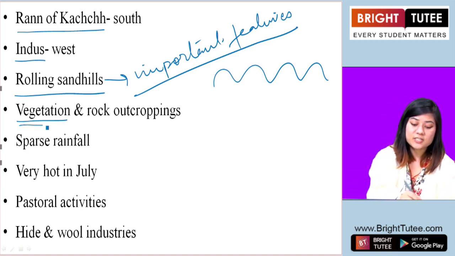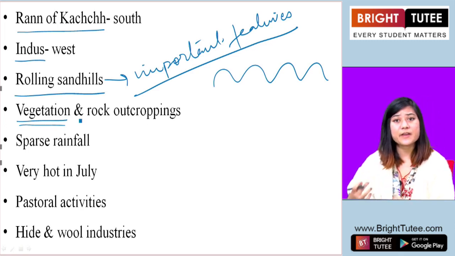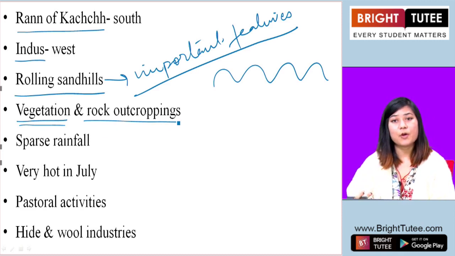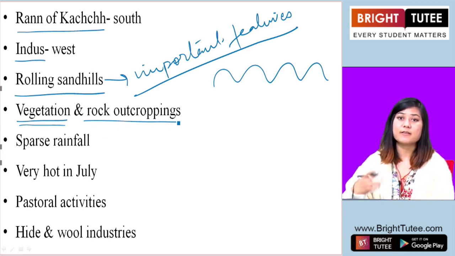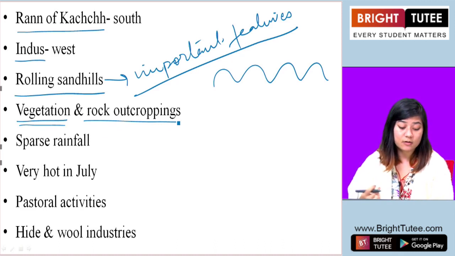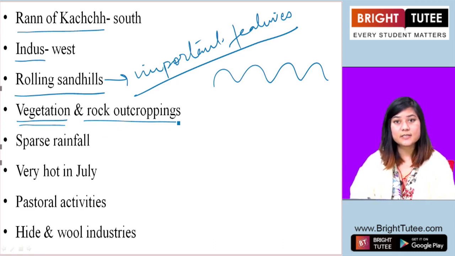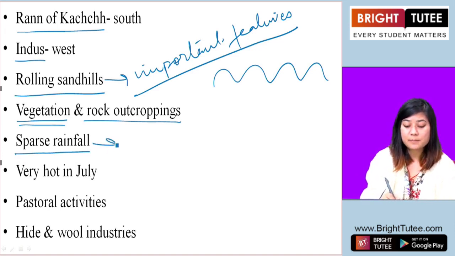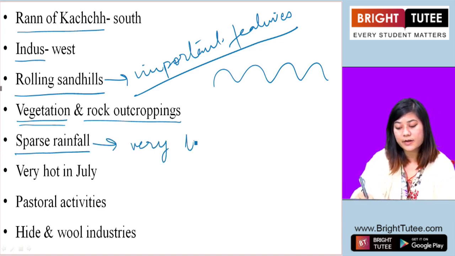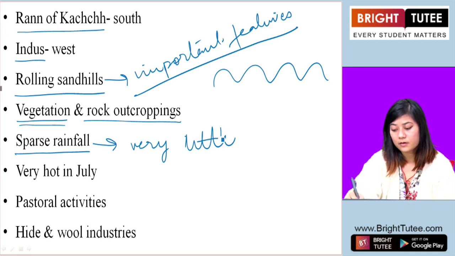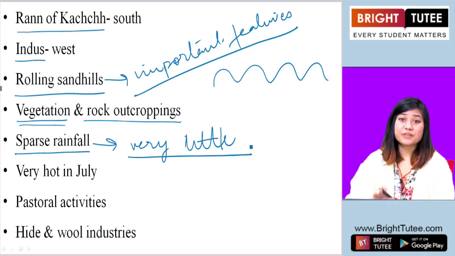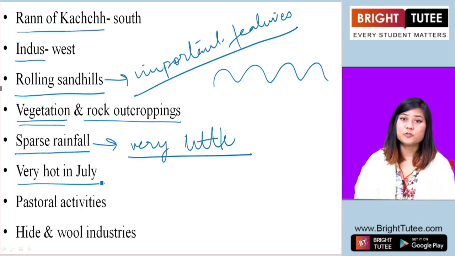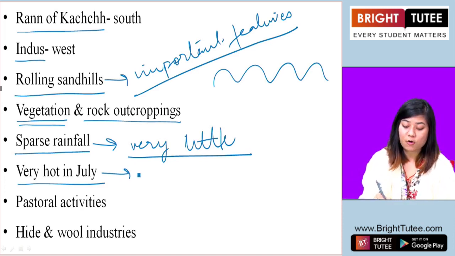So the vegetation is very less, and we can also see rock outcroppings, meaning in the rocky areas there is some vegetation existing. And the Thar Desert area receives sparse rainfall, meaning very little rainfall. So this region is very dry, and in the summers, in the month of July, it can be extremely hot.